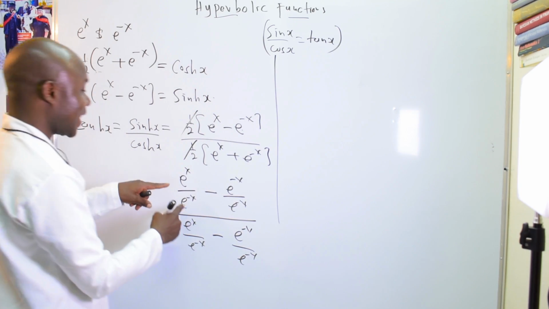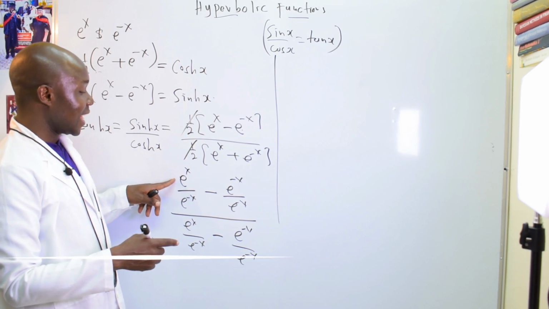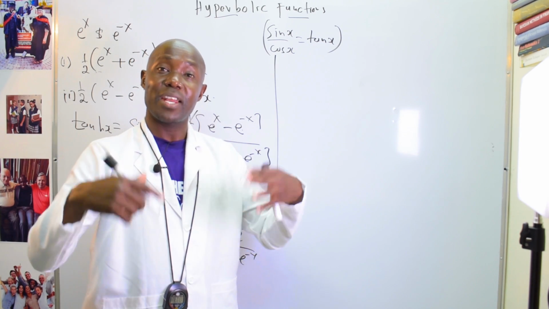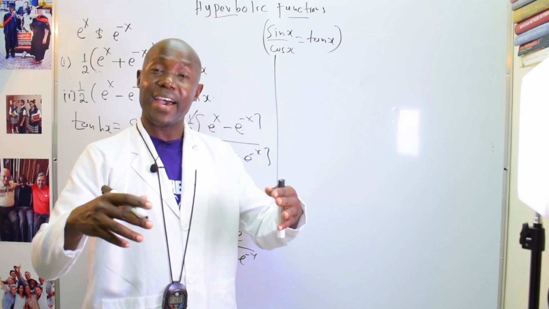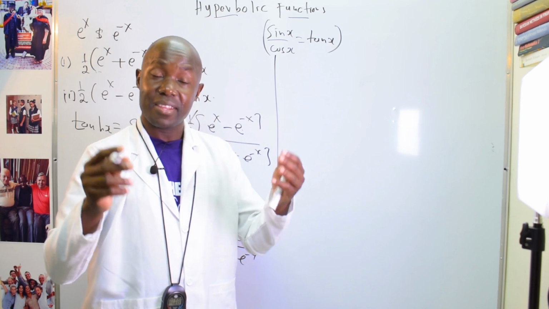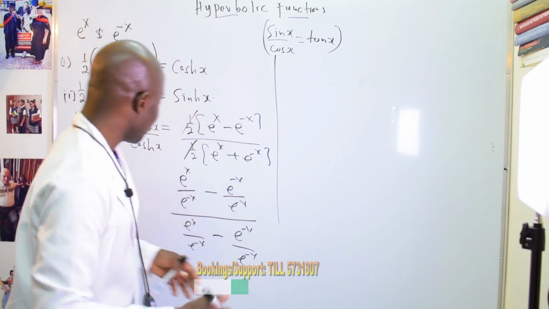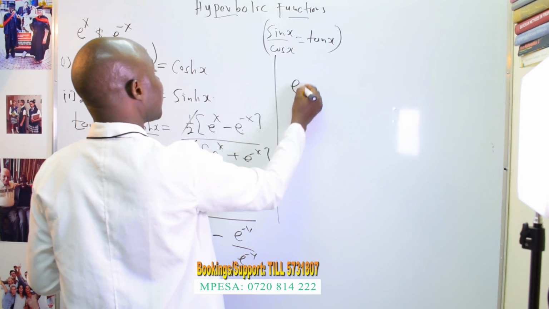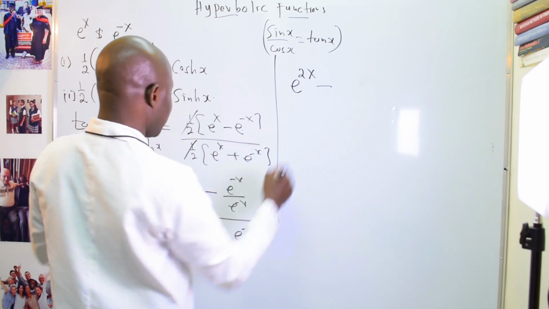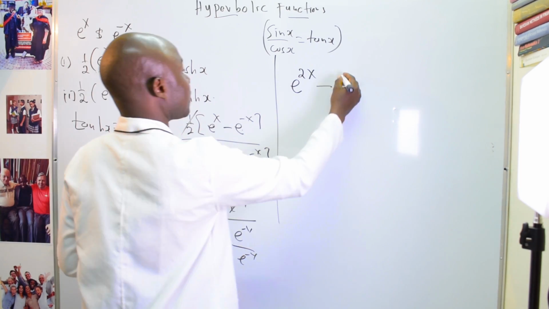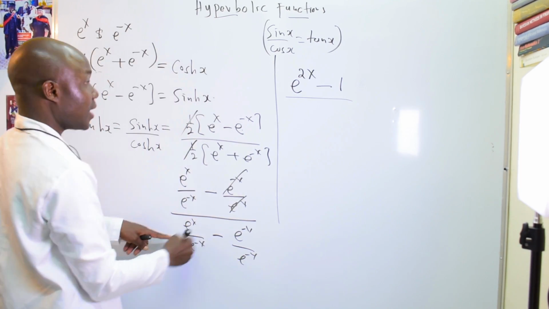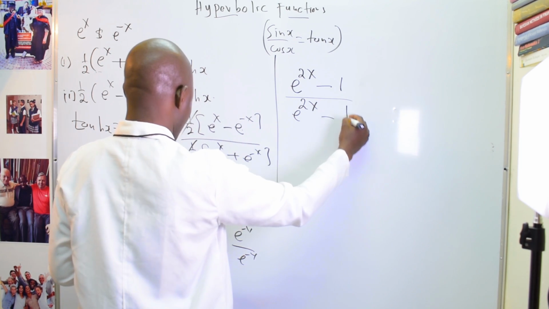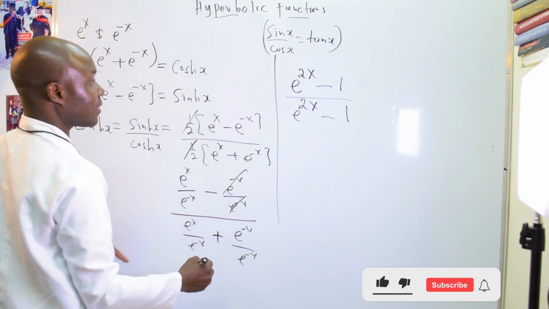Remember, it's like dividing e power x by e minus x. What you learned in middle school, that whenever you divide indices having the same base, different powers, you subtract. So x minus minus x becomes 2x. So I'm going to get e^2x minus 1, this one will cancel because it is the same, over e^2x plus 1.